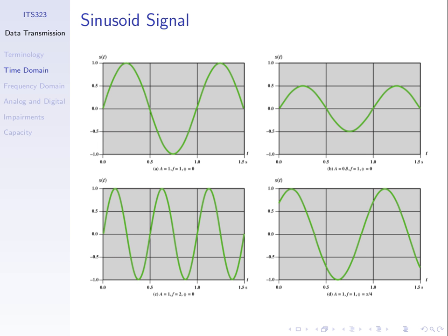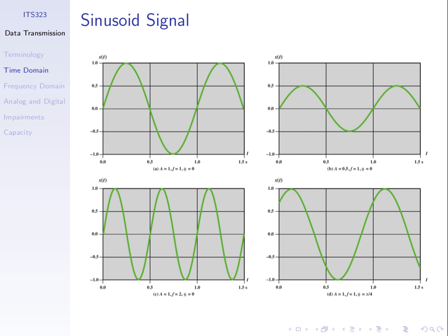The frequency, we set f equal to 1. What does that mean? The frequency is 1 hertz. 1 hertz means 1 repetition per second. That is, in every 1 second, our signal repeats exactly once. As we see in the plot, this is time equal to 0, this is time equal to 1 second.